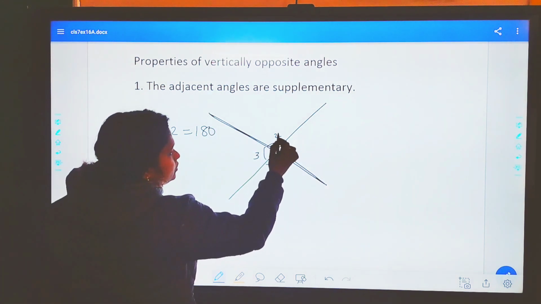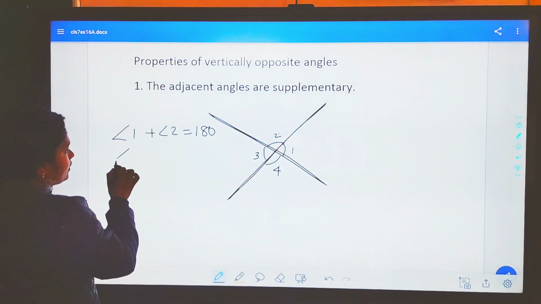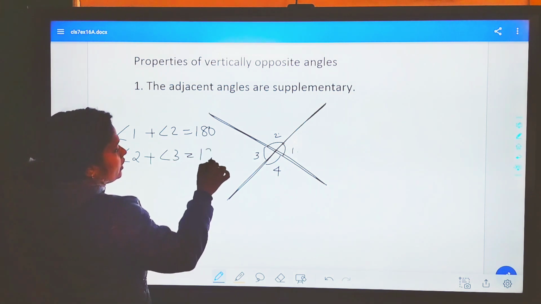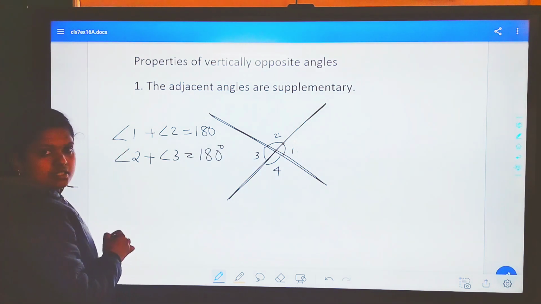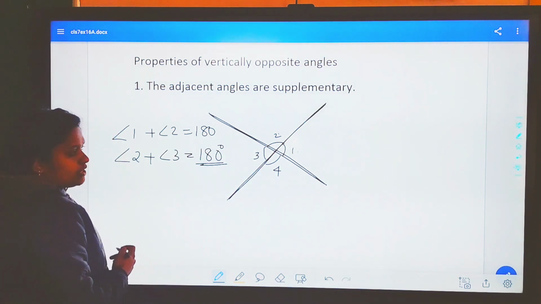Then if you take 2 and 3, they are on this straight line, so angle 2 plus angle 3 is equal to 180, because the sum of the measures of supplementary angles is 180 degrees.